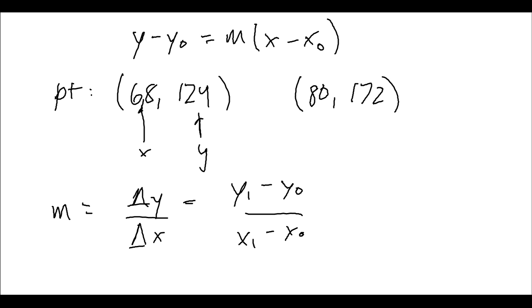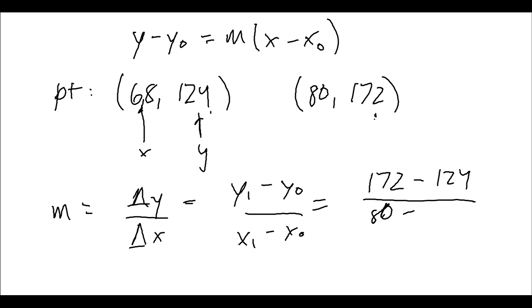So if we plug that in here, let's put the bigger one first so everything comes out positive. I'll have 172, that'll be my y1, minus the y0, 124, over my x, which is 80, and the other x is 68. And if you simplify this correctly, you should get 4.